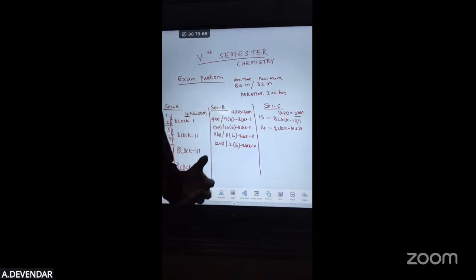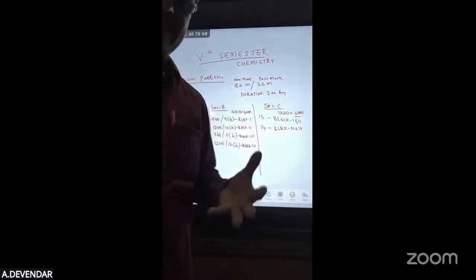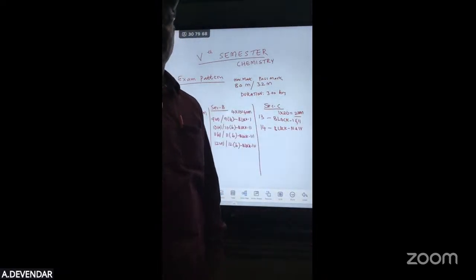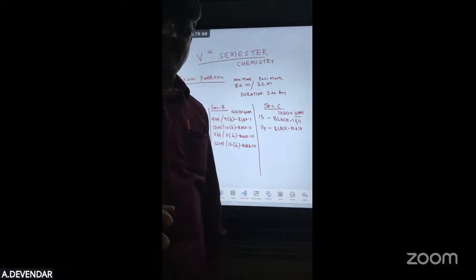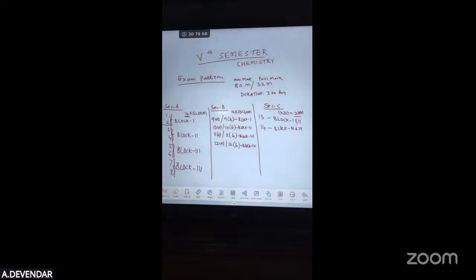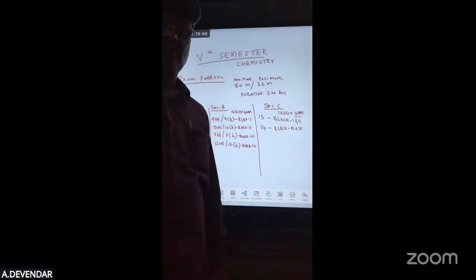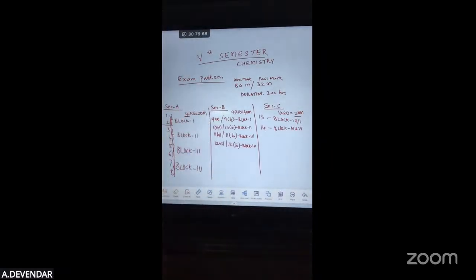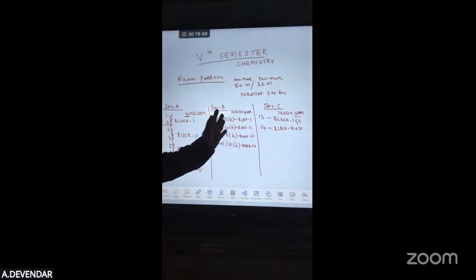Out of 60 marks, you may get a minimum of 50 marks, because you may not get full marks for every 5, 10 or 20 mark question. If you lose 2-3 marks for every question, you will get 50 marks out of 60. That is the pattern of this examination.